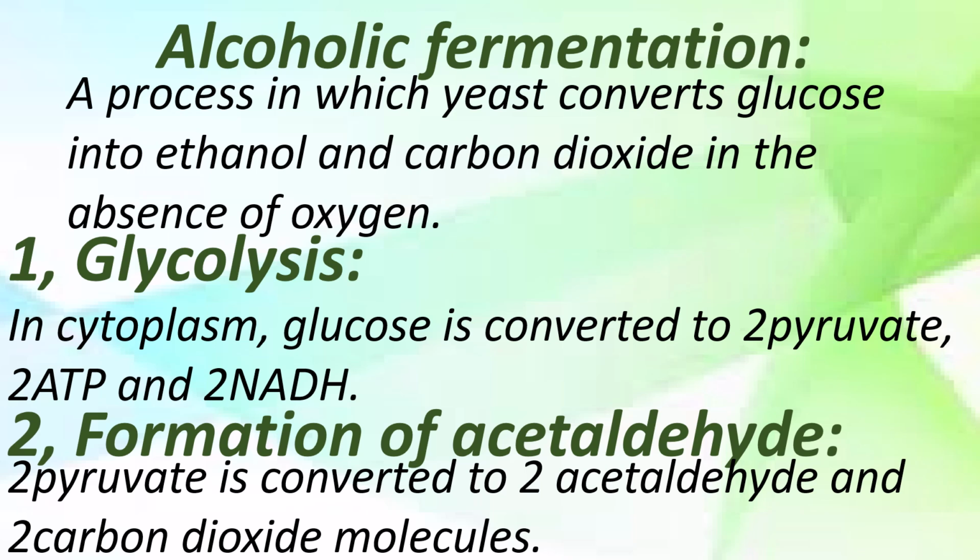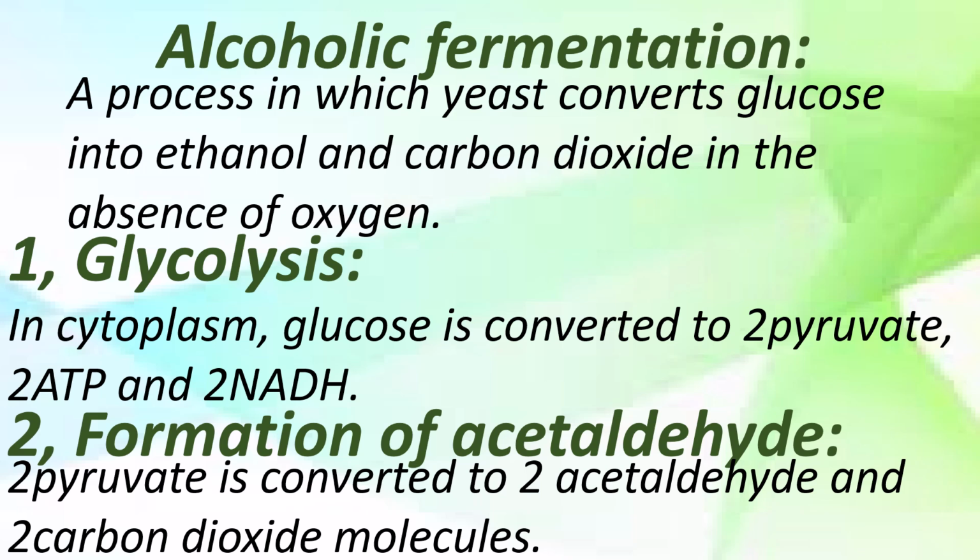When these bonds are broken down, a large amount of energy is released. And 2-NADH, that is nicotinamide adenine dinucleotide, produces 3-ATP. It is a reducing agent. So in glycolysis, glucose is converted to 2-pyruvate, 2-ATP and 2-NADH.